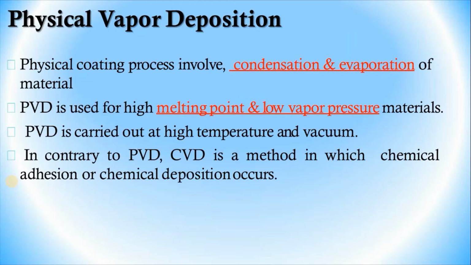In contrast to PVD, in the CVD method chemical addition or chemical deposition occurs. So there is a difference between CVD and PVD. PVD is a vacuum coating process that produces a beautiful, decorative and very functional finish on the items being coated, where PVD utilizes titanium nitride that provides an extremely durable and tough wearing coating.